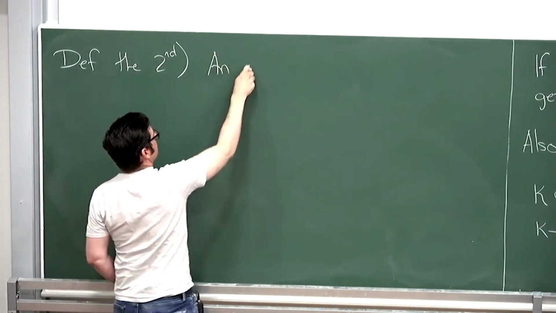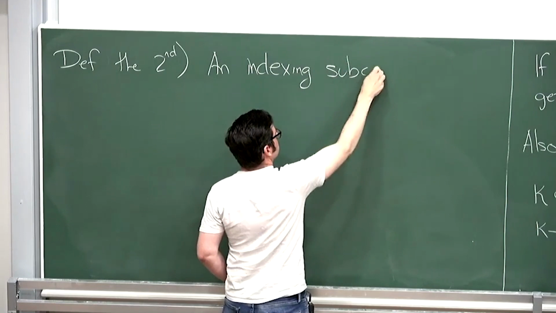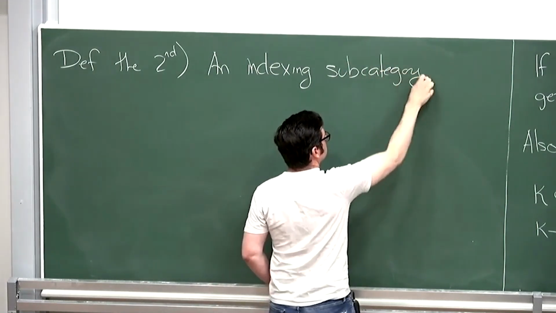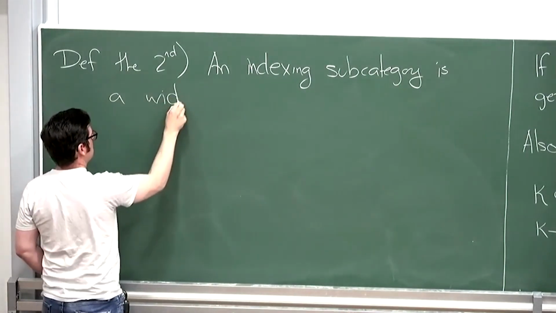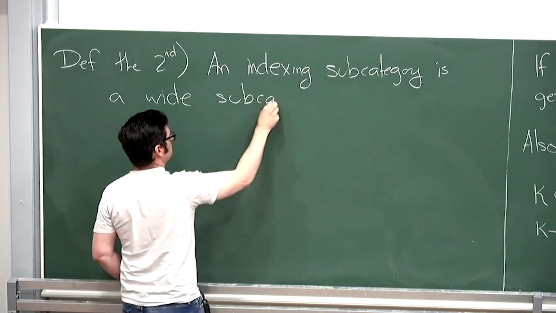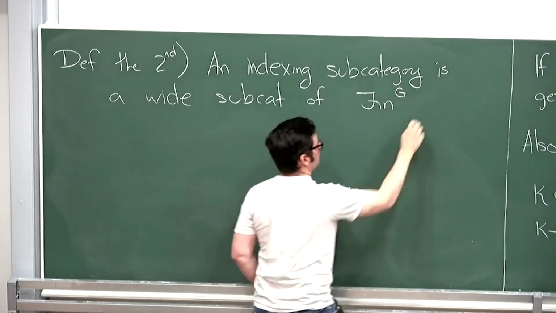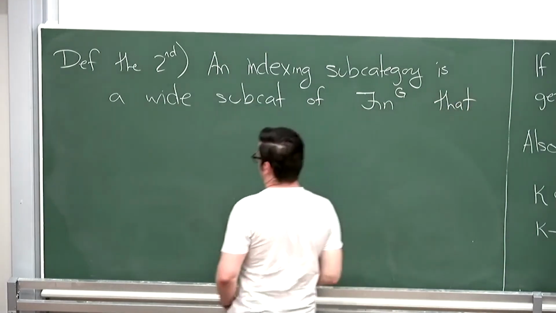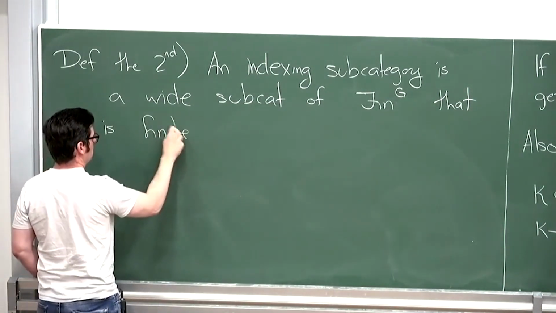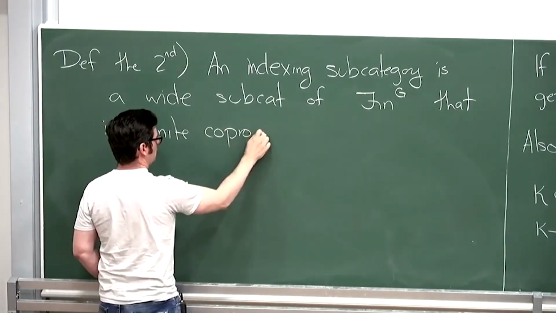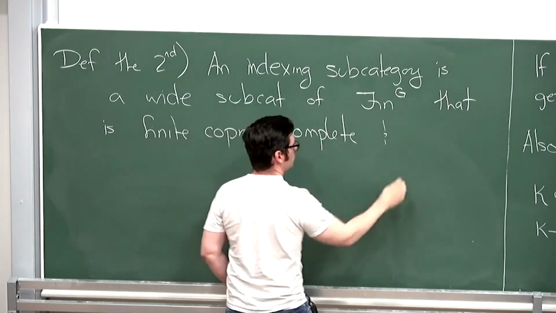An indexing subcategory is a wide subcategory of finite G-sets that is finite coproduct complete and pullback stable.